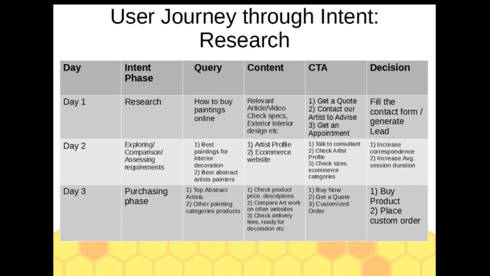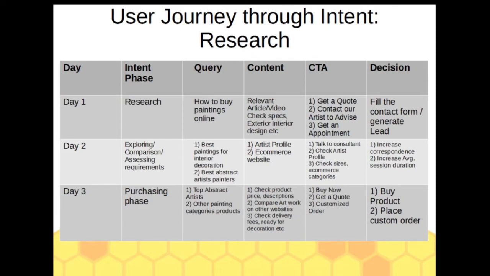So research and user intent can be broad. But in our example, we have a query called how to buy paintings online. This could be an intent that goes into the category of research or article or tutorial. So you get an idea.